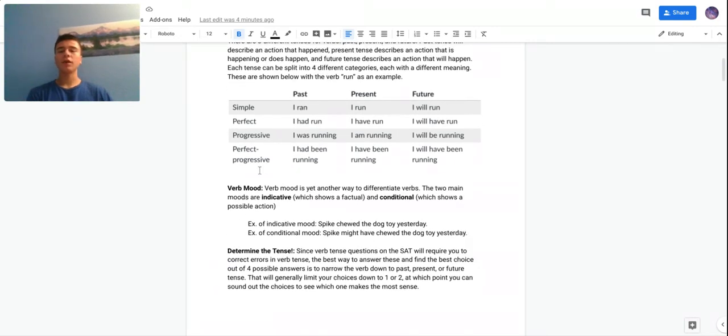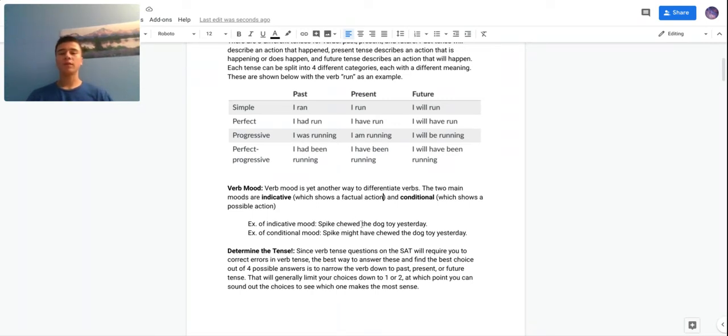Another way to differentiate verbs is by verb mood. The two main moods are indicative, which shows a factual action, and conditional, which shows a possible action. An example of indicative mood is: Spike chewed the dog toy yesterday. He did chew it, we know that's a fact.